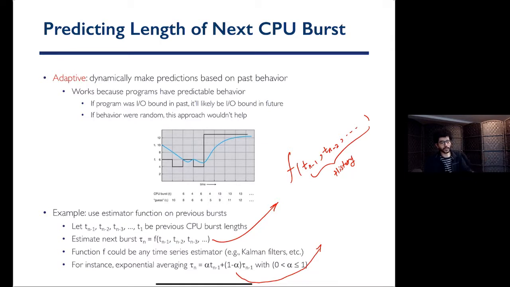Of course, whatever F is, it should be lightweight. If you're using this for scheduling, you don't want to spend a lot of time calculating this F before you make a decision on which task should run next, because then the overhead of scheduling would increase, right?